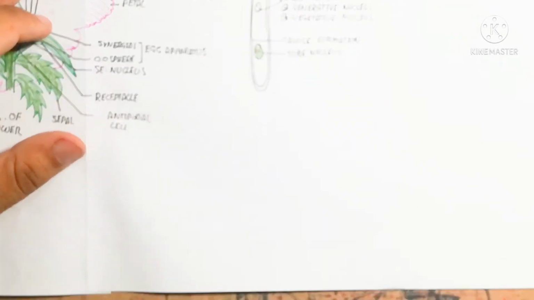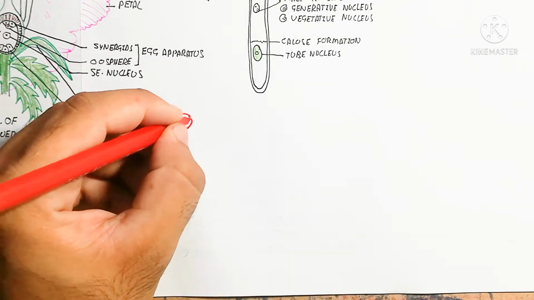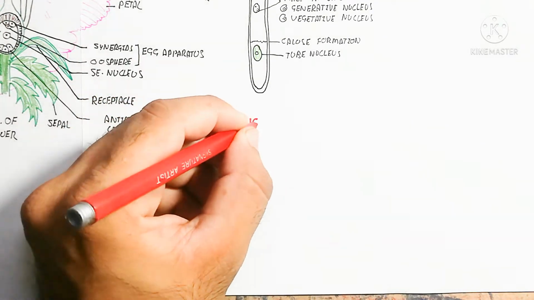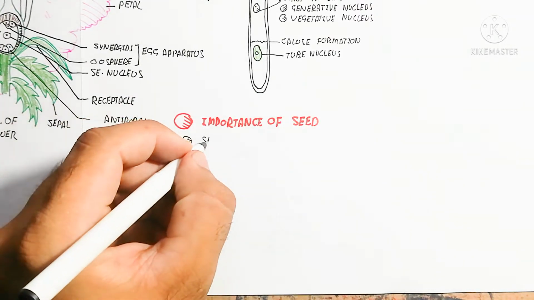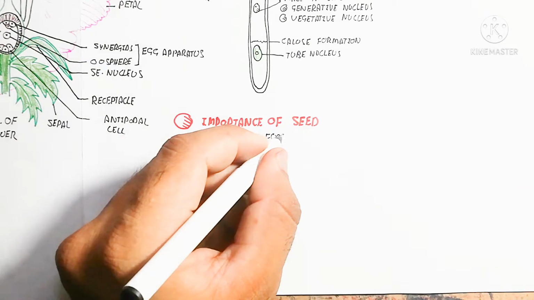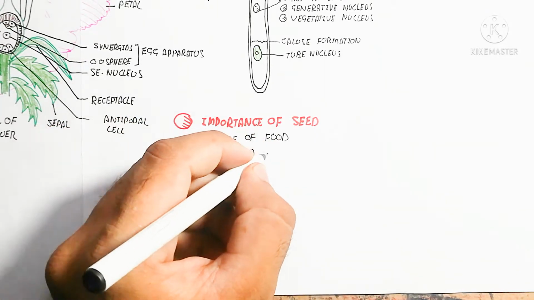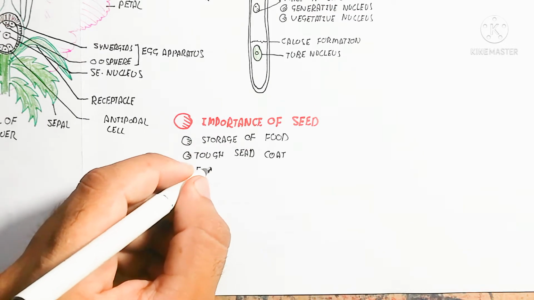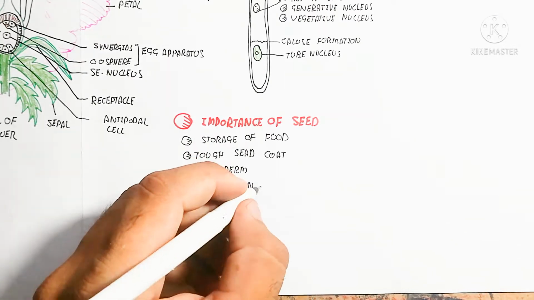And here we will first discuss the importance of seed, and then the development of seed. The seed is very important because its outer seed coat is hard, so it can survive in harsh environments, hot or cold. It is not enzymatically infected.